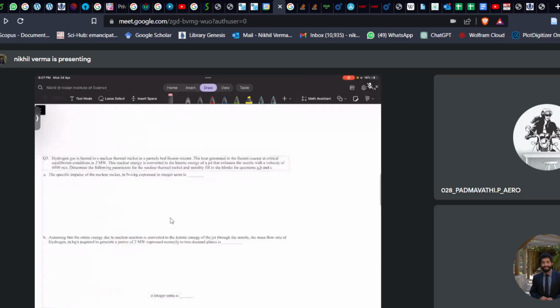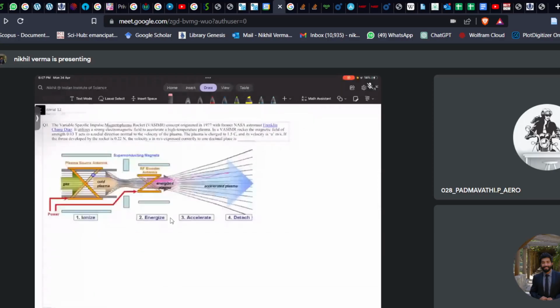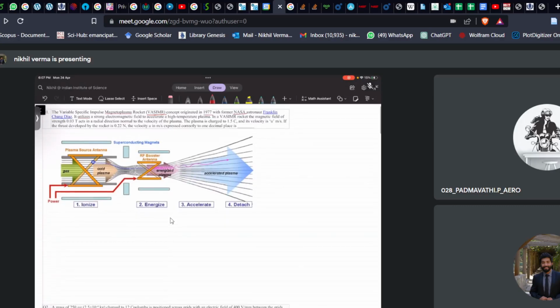magnetoplasma rocket. So we have the variable specific impulse magnetoplasma rocket, which is known as VASIMR, and it was conceptualized by NASA in 1977. In this case we have a magnetic field of strength 0.5 Tesla, which acts normal to the direction of the velocity, and we also have the plasma which is charged at 1.5 coulomb.